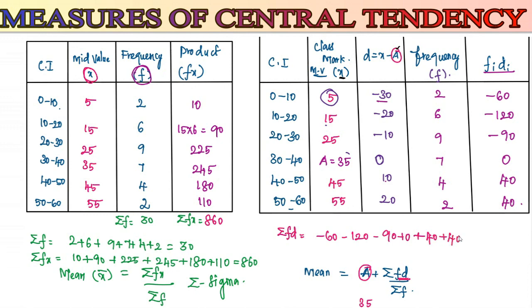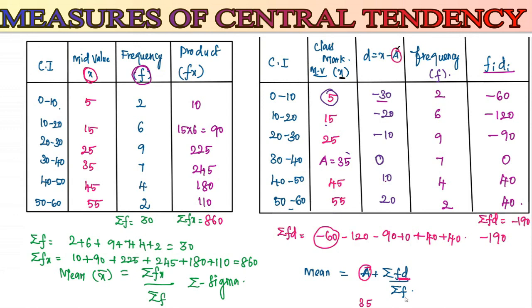So 40 plus 40 is 80. From 90 if you subtract 80 you will get minus 10, minus 120 minus 10 is minus 130, minus 130 minus 60 you will get minus 190. So here sigma FD is equal to minus 190.